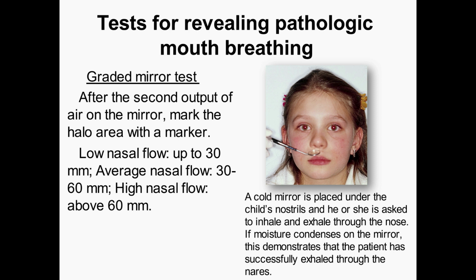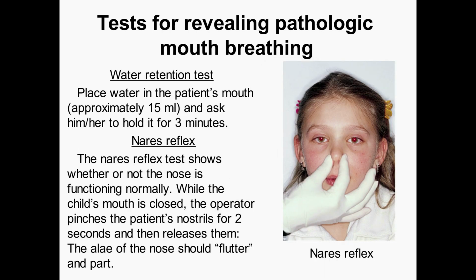After the second output of air on the mirror, mark the halo area with a marker. Low nasal flow is up to 15 millimeters. Average nasal flow is 50 to 60 millimeters. High nasal flow is above 60 millimeters.